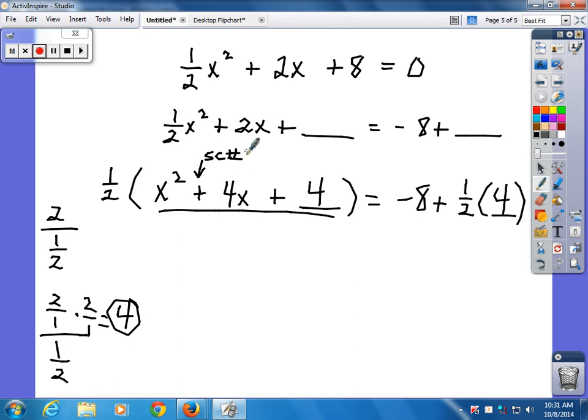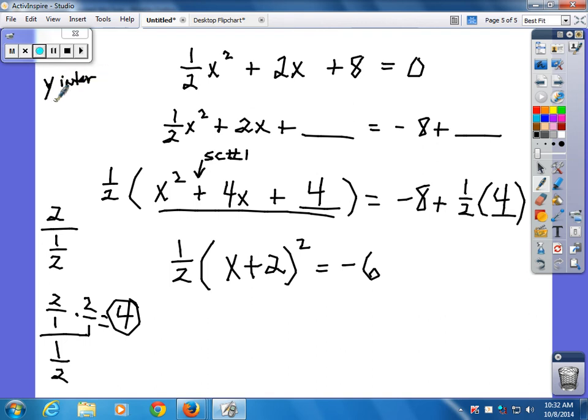So you know your shortcut. 1/2 times x plus 2, quantity squared, is equal to, what's 1/2 of 4? What's -8 plus 2? Do we have x-intercepts? No, we do not. So our y-intercept is 0, 8.